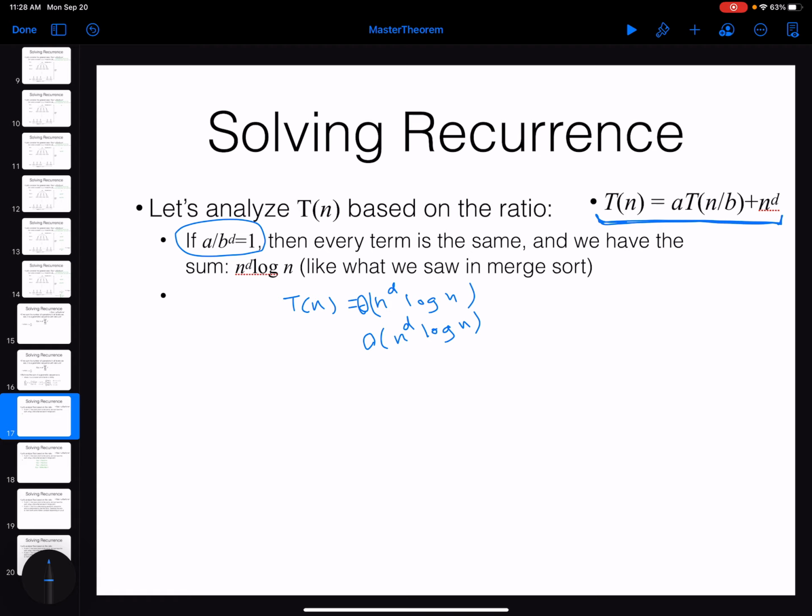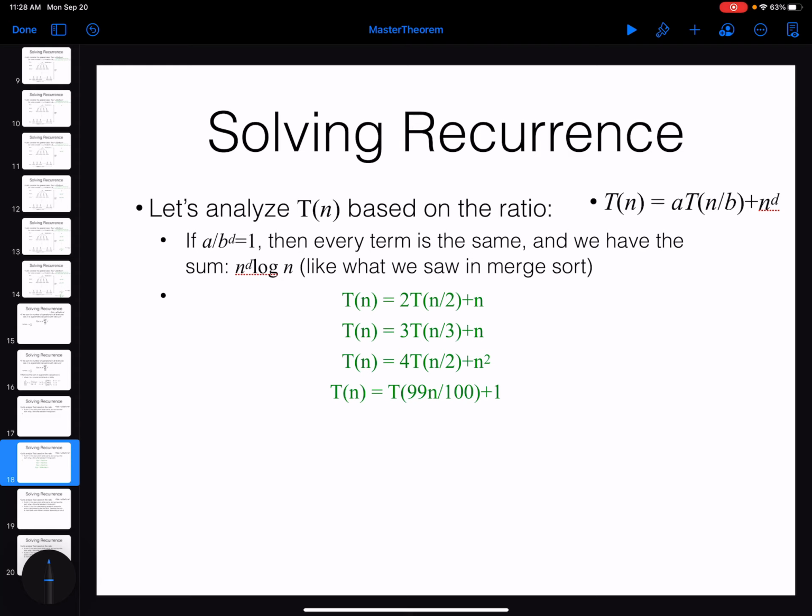Okay, so what are some examples of this case? For example, this will fall in this case of the master theorem. You can see that here A is equal to 2, B is equal to 2, D is equal to 1. If you calculate the ratio, A divided by B to the power of D, this is going to be equal to 1.